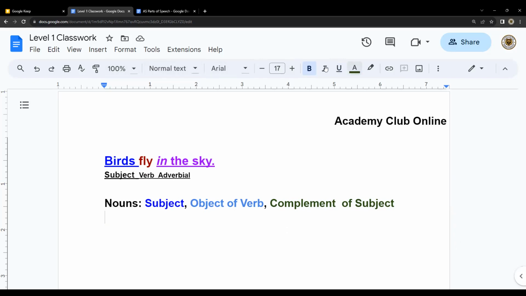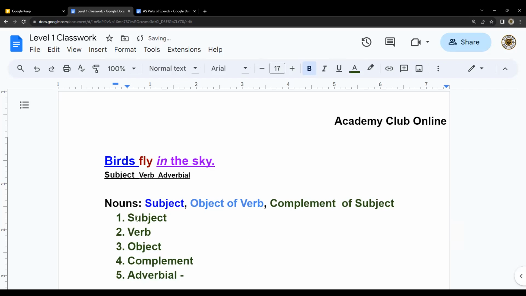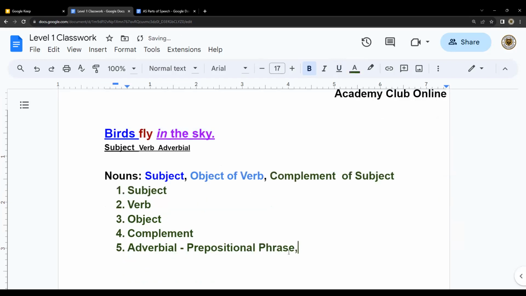Sí, y sé que es muy repetitivo, pero siempre se los voy a poner, because we have to remember this. So there's only 5: subject, verb, object, complement, and adverb. Adverbial. Para el adverbio vamos a poner preposition phrase, que es justamente lo que tenemos aquí, una frase de preposición. Y también los adverbios, como el ejemplo el número 5 que hizo Claudia, donde todo era información sobre el verbo.